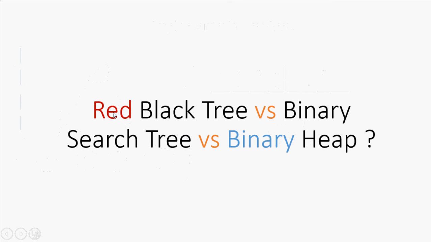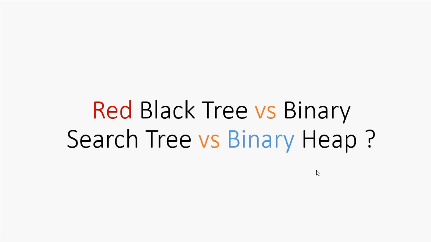Now, what is the difference between red black tree, binary search tree, and binary heap? It's quite clear, as you can see, that the deletion is different, and also how each keeps the tree balanced is very different.